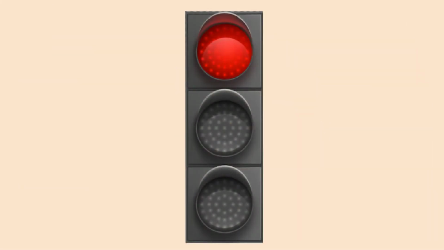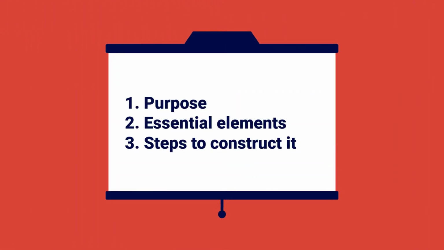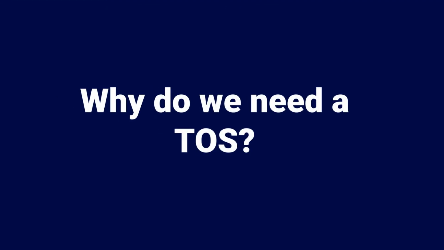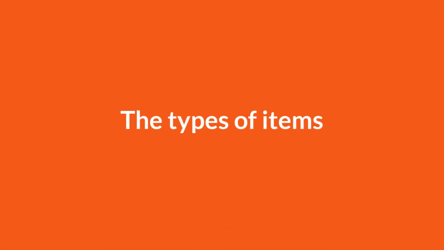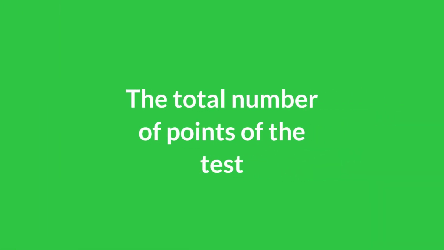But her colleague says, wait, first you need to understand 3 basic elements of their construction: their purpose, their essential elements, and the steps to construct it. So why do we need a TOS? Basically, a TOS helps us make an informed decision on the number of points to be assigned for each language objective or indicator of learning, the types of items that can be considered in the test, and the total number of points.